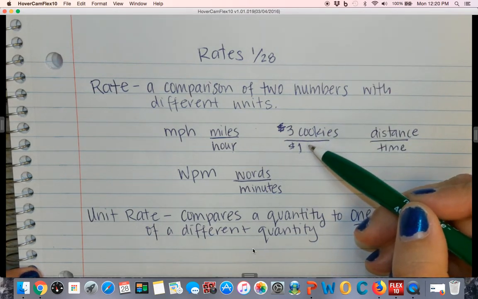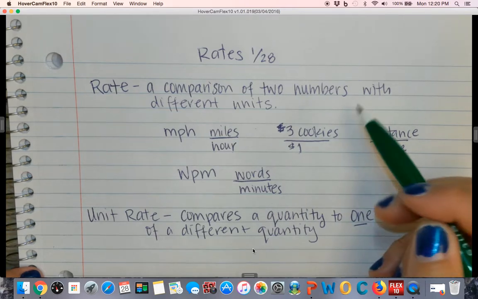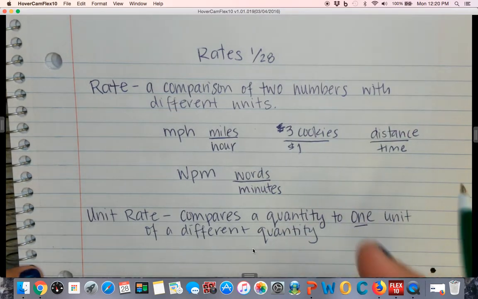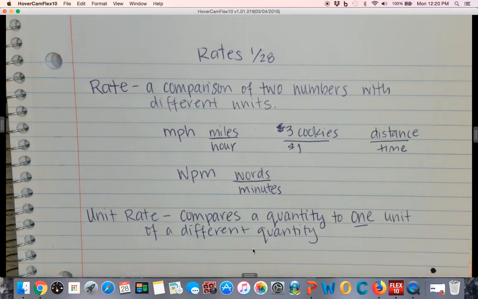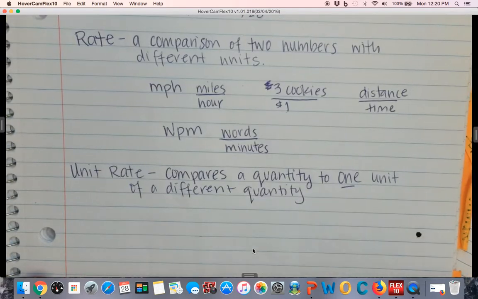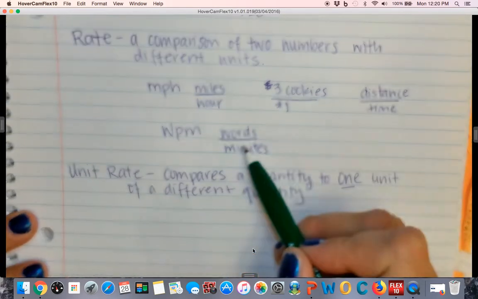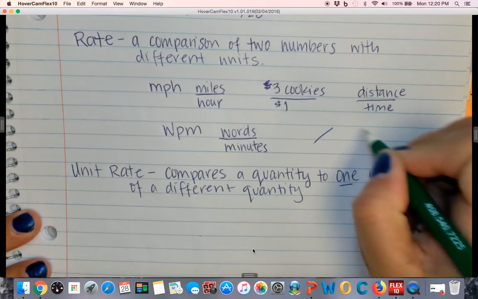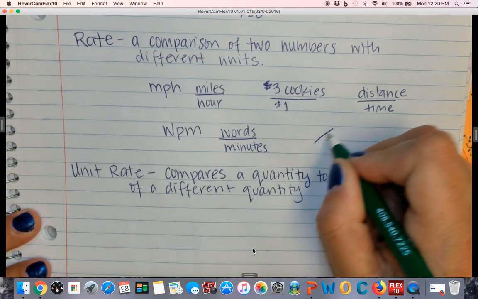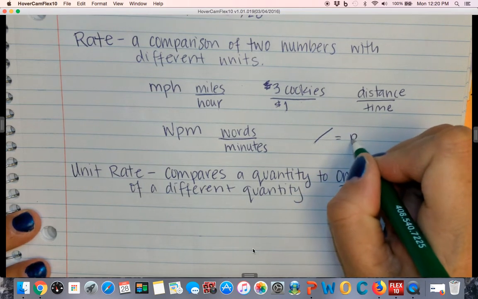I could also ask about 1 cookie. What's the cost of 1 cookie? And that would change my ratio. It would flip it around a little bit. So you can write rates like a fraction, or you might see it with this slash, which is also like a fraction line, and that line means per.